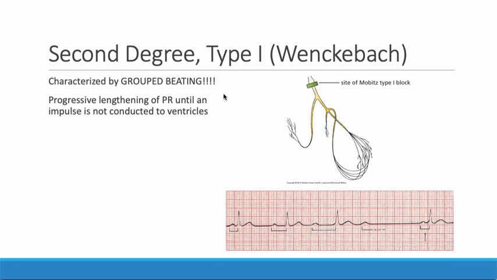Second degree can be physiologic. Now, I want you to know that this is characterized by group beating. Remember the long, longer, longest, dropped. Now I have a Wenckebach. Remember that little rhyme that you learned in undergrad? Well, what happens here, and the reason this can be physiologic, is that some people just, this is the way the AV node works.